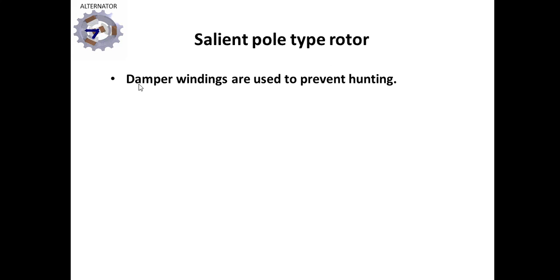The damper winding is used to prevent hunting. Hunting takes place between the rotor and the stator magnetic field, and magnetic locking will take place, so to avoid that hunting we use the damper winding as additional winding.